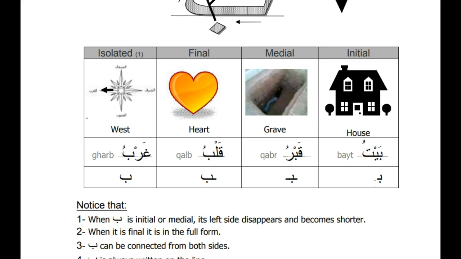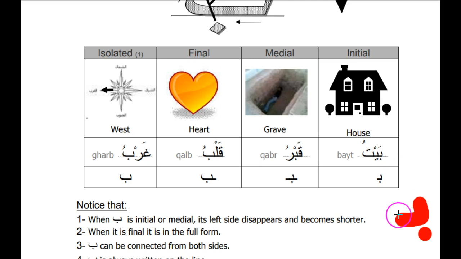We will do like halfway, and then we will just put the dot more to the right side. Let's try, like start from here, and then I will continue on top of the line, and then instead of continuing, I'm gonna stop there, and then I'm gonna put just the dot here. That's how we write ba at the beginning.